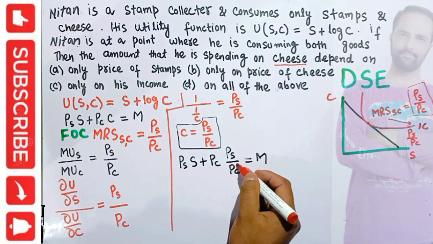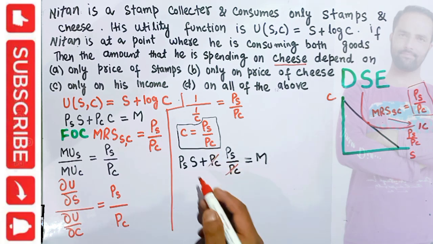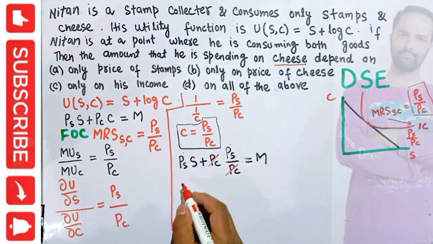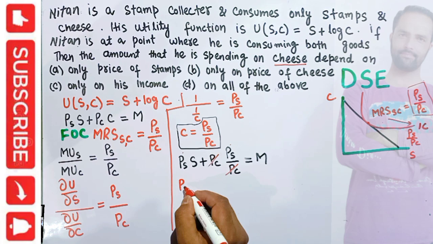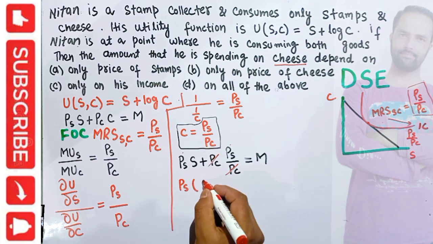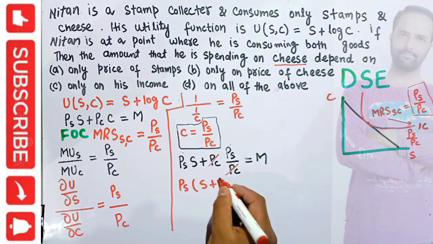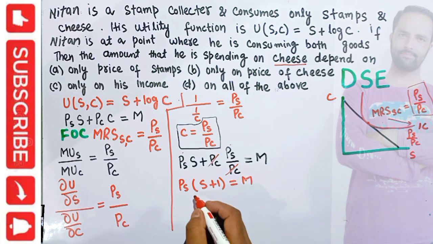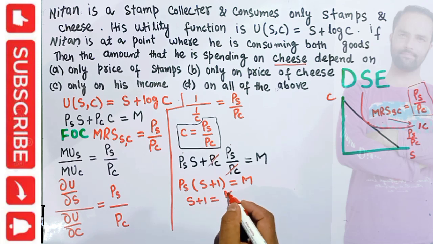Now here we can cancel these two, and we are left with ps here, ps here. If I take ps common, I will be left with s plus 1 is equal to m, which gives us s plus 1 is equal to m.